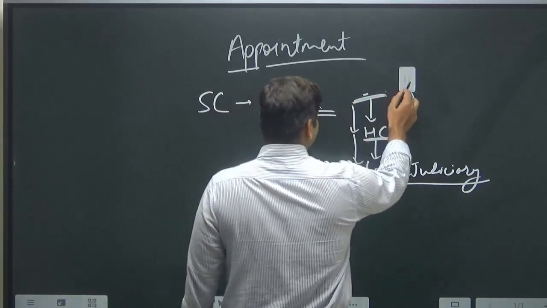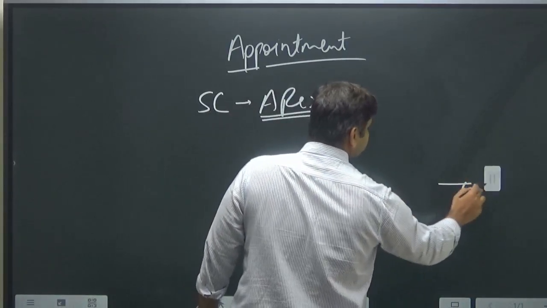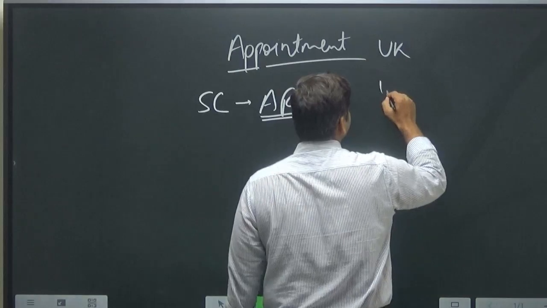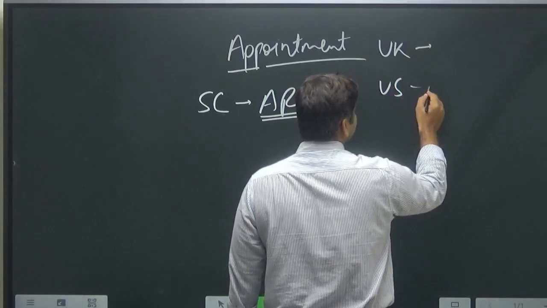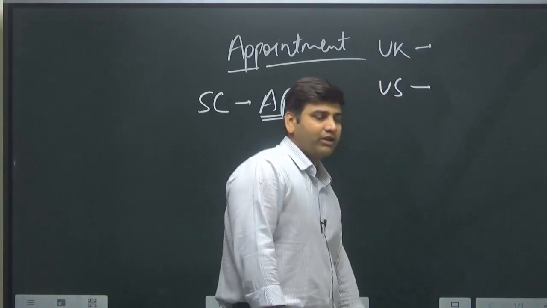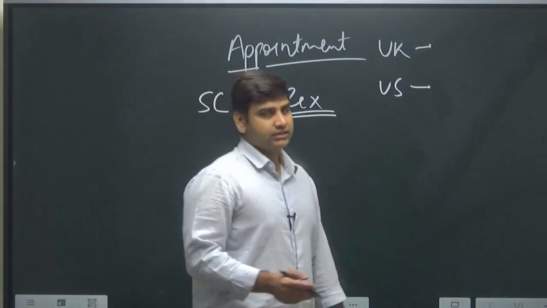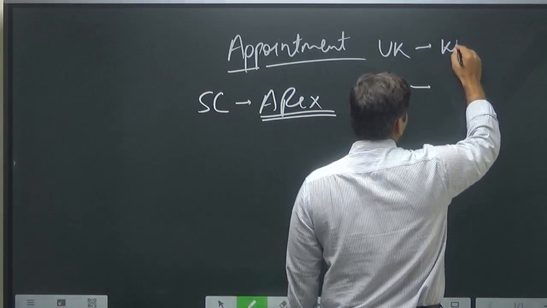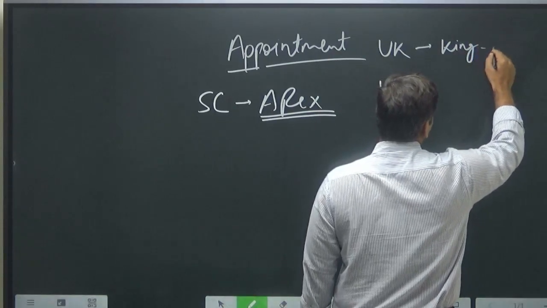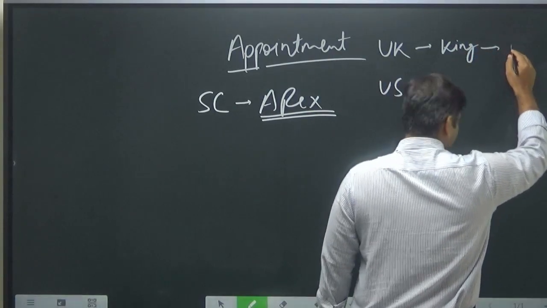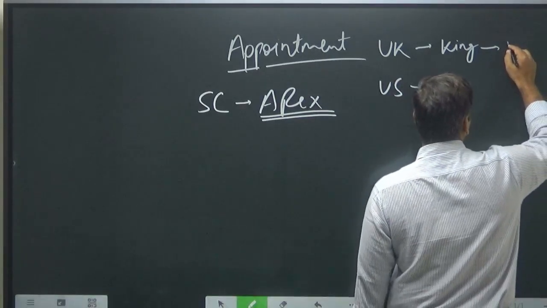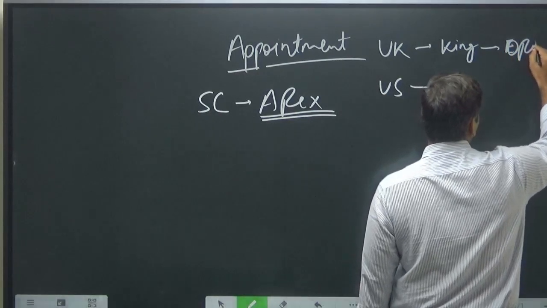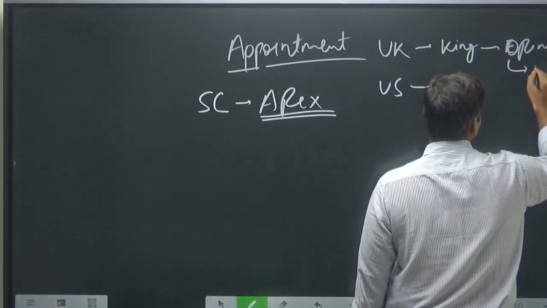Now, talking about the appointments, several countries were considered, such as the United Kingdom and the United States, and their model of appointment of judges by the Constituent Assembly while making the provision for appointment of judges in India. In the United Kingdom, the king, or for that matter the queen, appoints the Supreme Court judge, and this appointment is made by the opinion formed by the Council of Ministers.